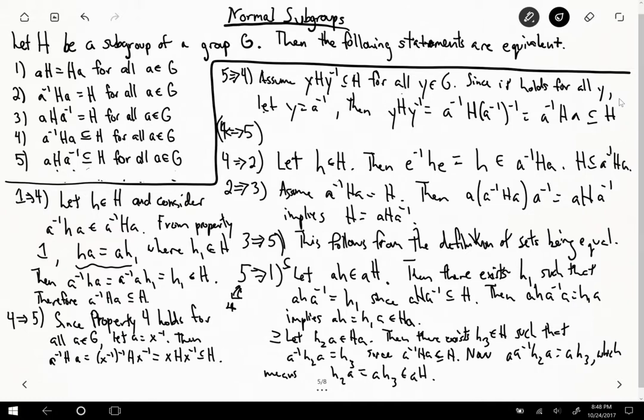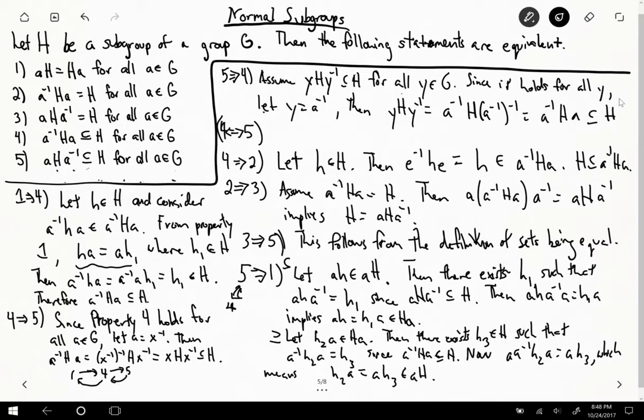So notice with all these statements, what do we have? We had 1 go to 4, and 4 went to 5, and 5 went to 4. And then 5 and 4 went back to 1. And then we toss in 2 and 3 here.